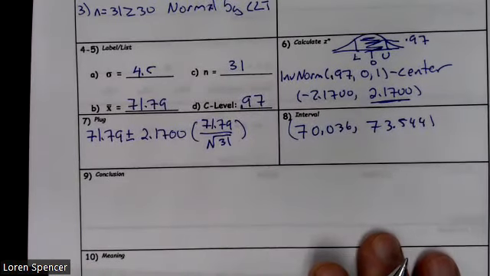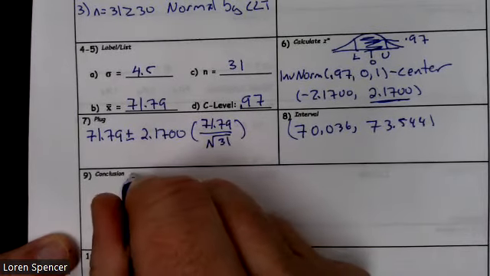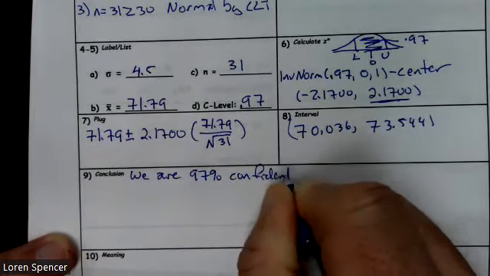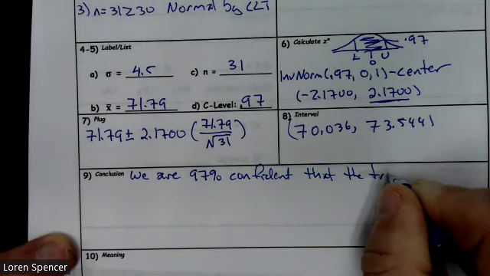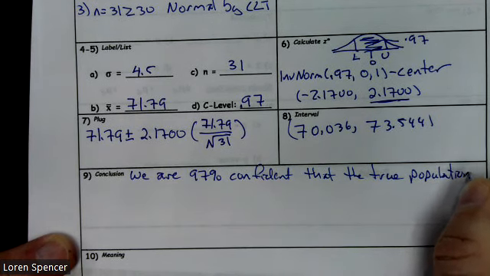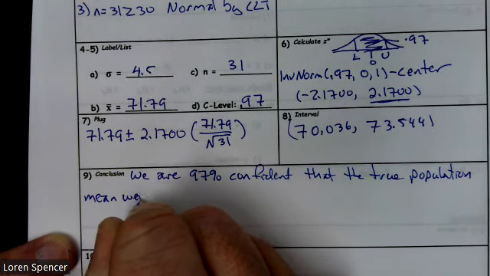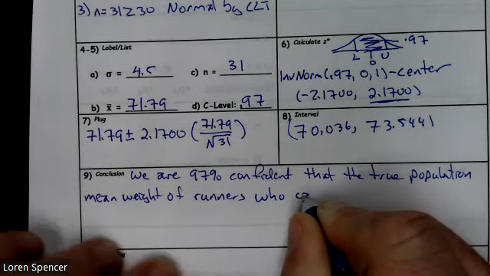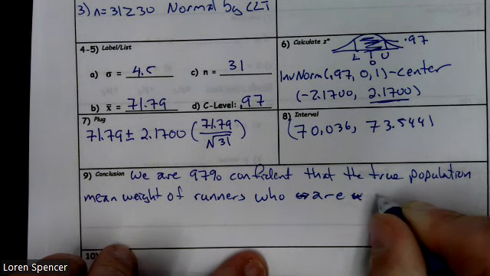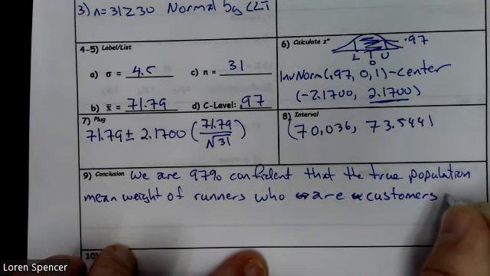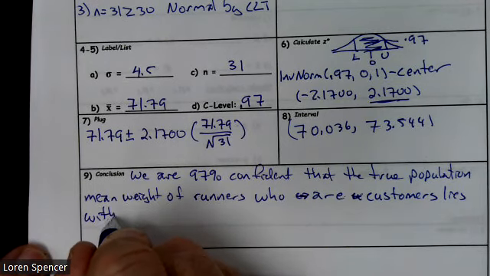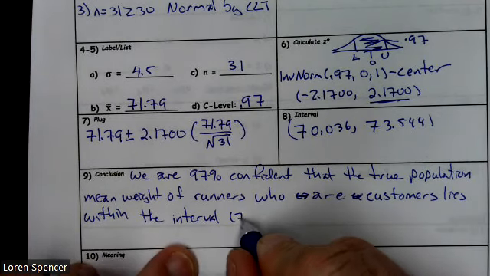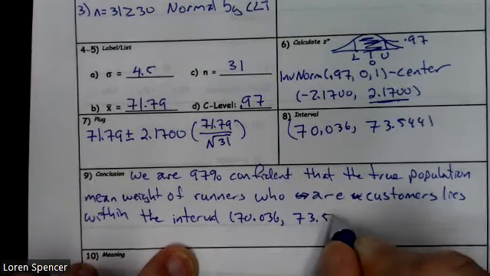So we need to write our conclusion. In our conclusion, we start off with: we are 97% confident that the true population mean weight of runners who are customers lies within the interval 70.036 to 73.544.